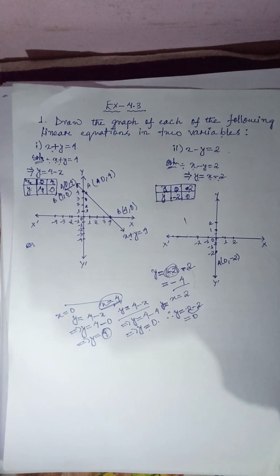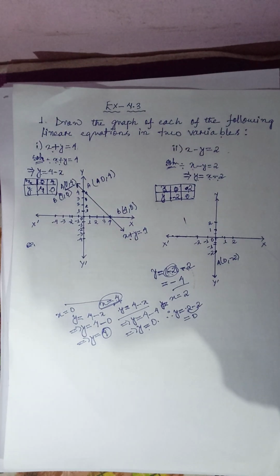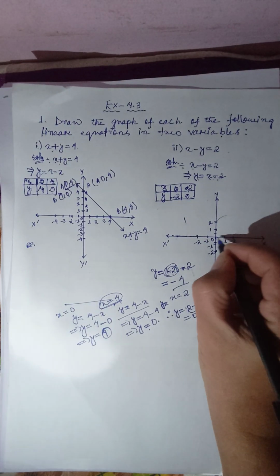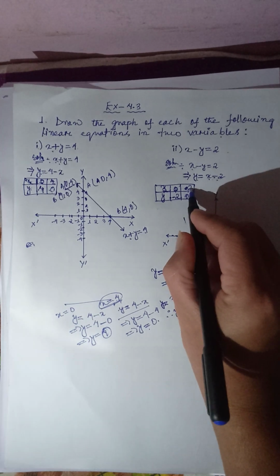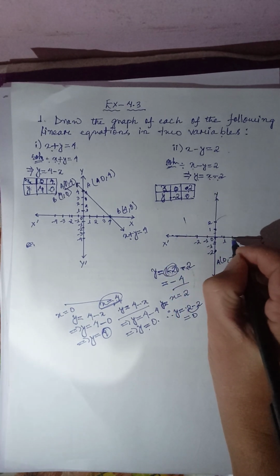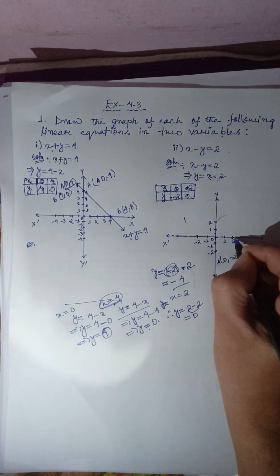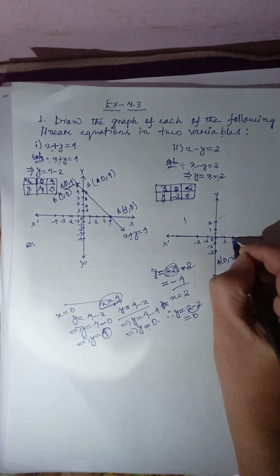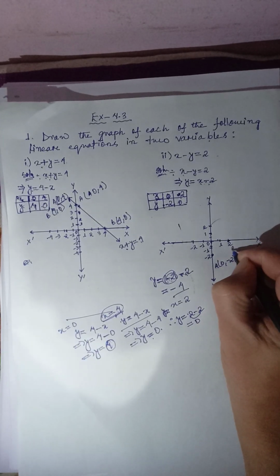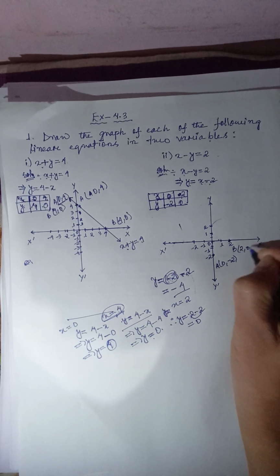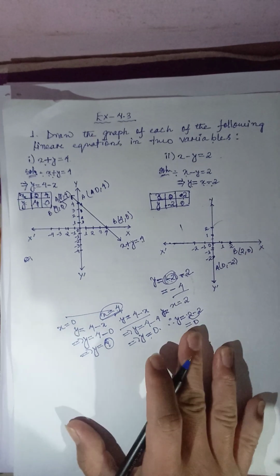Now in order to get this 2, 0, let us move upside. What is this? x is 2. 1, 2. And what about the next one, which is y? It is 0. If it is 0, then just take it whatever number it is. That's it. B, it is 2, 0, right? Now let me join the two.